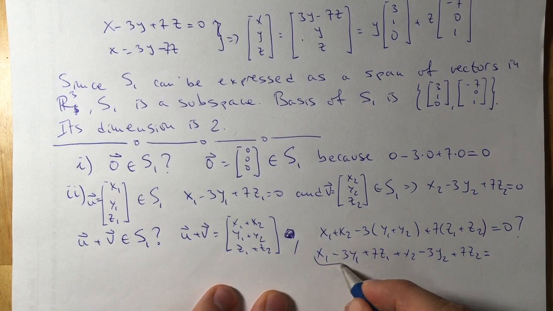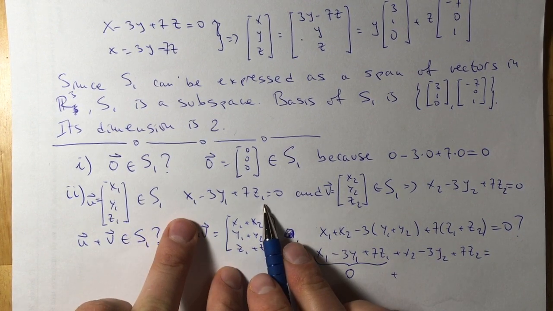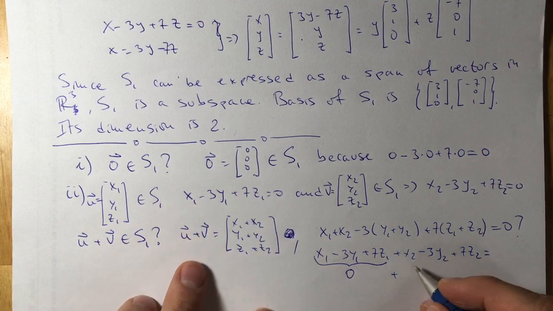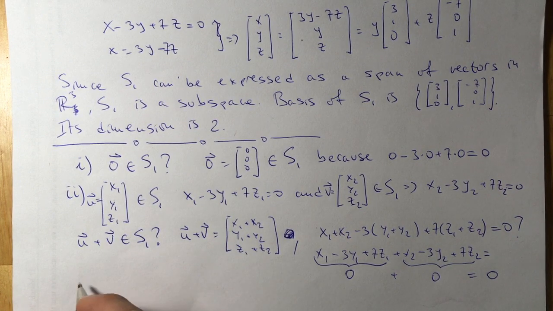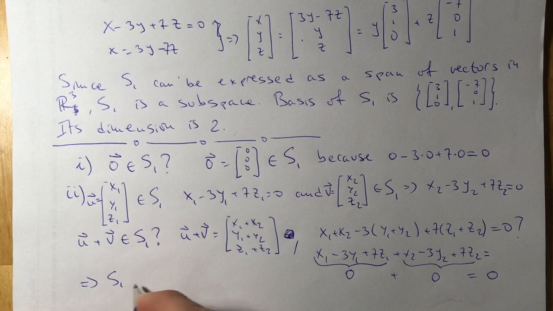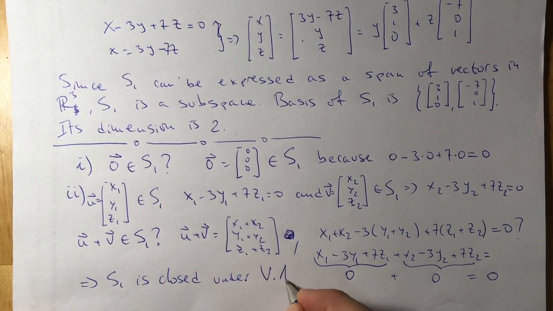This linear combination is 0 because of this condition here, and this one is 0 because of this condition right here, and 0 plus 0 indeed is 0. Hence, S1 is closed under vector addition.